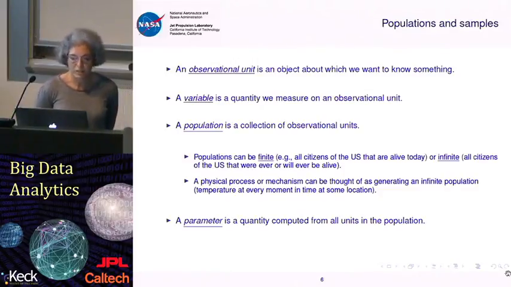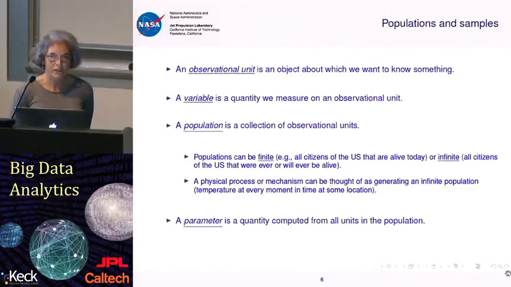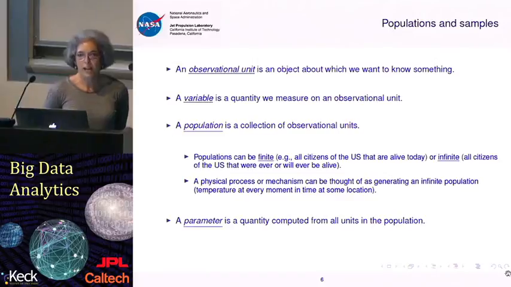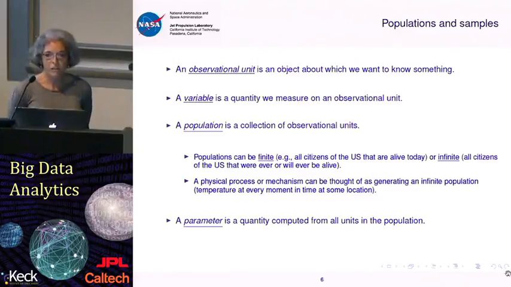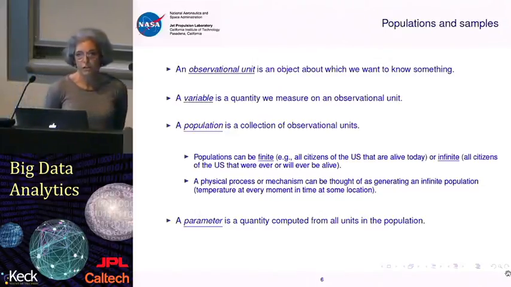There are many ways to think about that, and if we really wanted to get right down to it, and I know many of my physics friends like to think this way, space would be continuous, and we would be thinking about the process that describes temperature at any arbitrary location in a, let's say, two-dimensional space. So that notion of an infinite population and the notion of using a probability distribution to describe that infinite population actually comes fairly close to the kind of thing we often want to do in science.